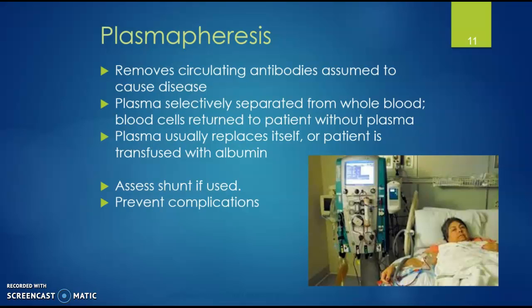And the biggest thing here is you can see what kind of a machine. Usually they're using a shunt or a central catheter that is high risk for infection. So taking significant precautions around that process while it's ongoing is very important to prevent infections.